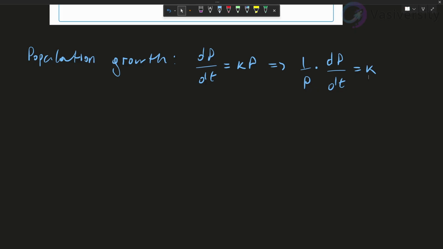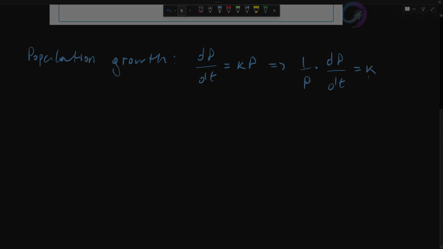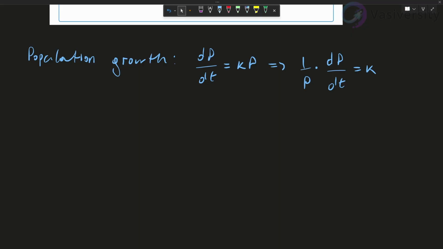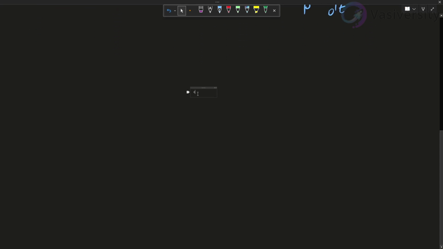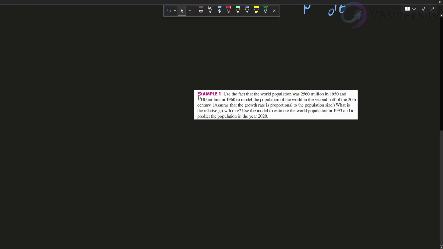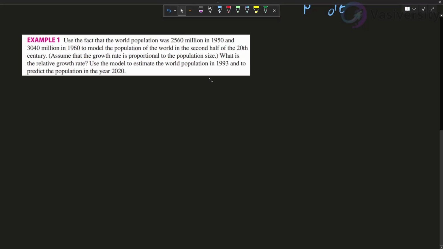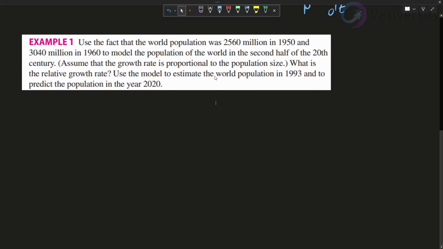Let's take a look at this example. Use the fact that the world population was 2,560 million in 1950 and 3,040 million in 1960 to model the population of the world in the second half of the 20th century.